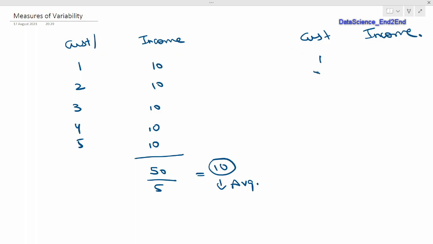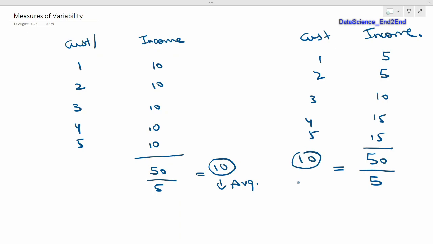Here also there are five customers, 1, 2, 3, 4, and 5. And the income that these customers have is 5, 5, 10, 15, 15, which again, if you add up, comes out to be 50. If you divide it by the number of observations, it again comes out to be 10.